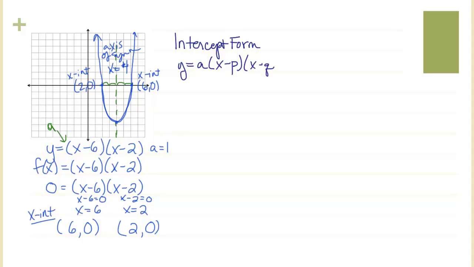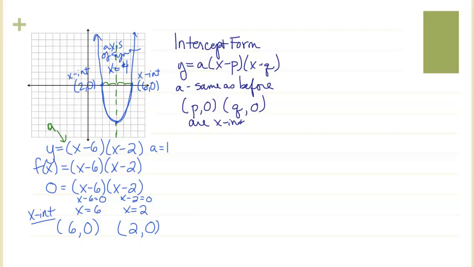All we're saying is if you have intercept form, A does the same old things it's done, and P, 0 and Q, 0 are your x-intercepts. And again, if you're graphing, it's easiest to count to get your axis of symmetry, but you can think of it this way: if you have two things and you're trying to find the middle of them, what do we call that? You have two test scores, we want to find the middle.